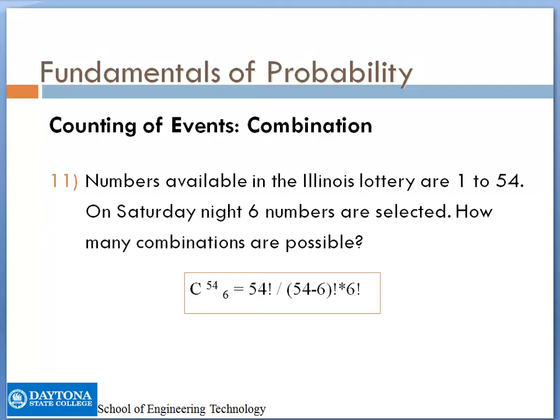This is different from the Powerball because the last number really matters, so that will be a permutation instead of a combination. For a combination, you have 54 and you choose 6 at a time. So this is 54 factorial divided by (54 minus 6) factorial times 6 factorial. And the answer to that is the number of combinations that are possible to win the lottery.